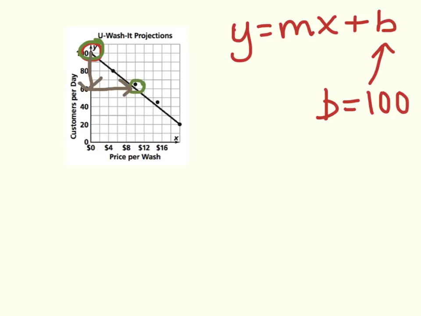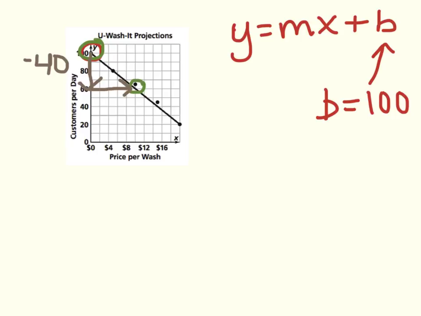It looks like I've moved down 1, 2, 3, 4 boxes. From the scale, every box represents 10, so traveling down 4 boxes is like traveling down 40. Since it's down 40, I'm going to put a negative on that 40.